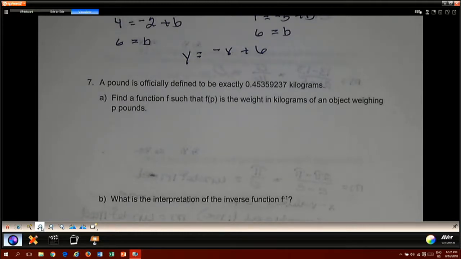Okay, we have that a pound is defined to be exactly 0.45359237 kilograms. We want to find a function so that f of p is the weight in kilograms of an object weighing p pounds.